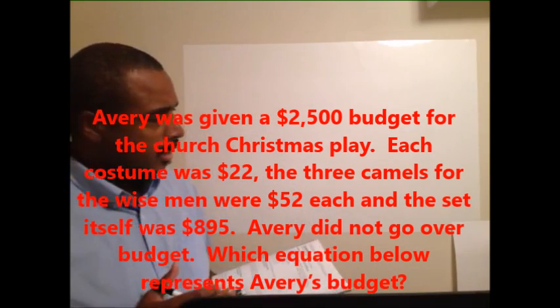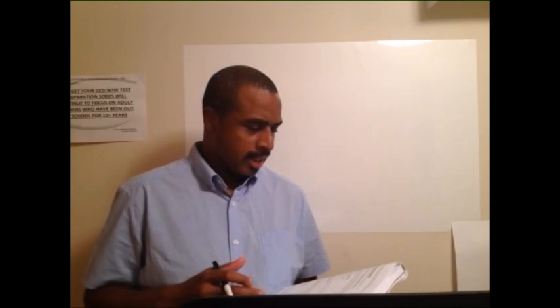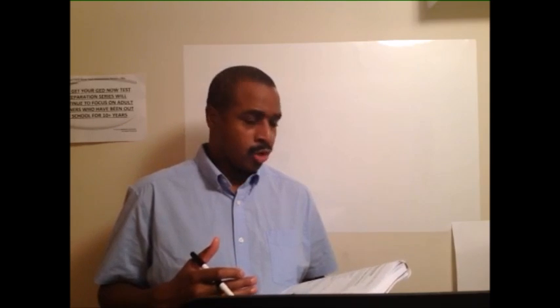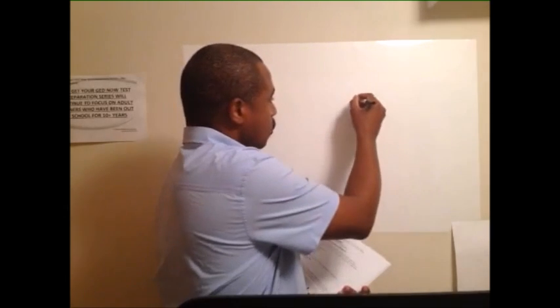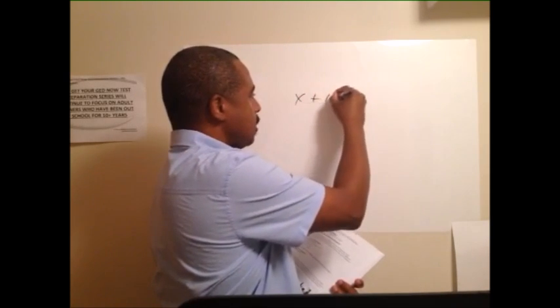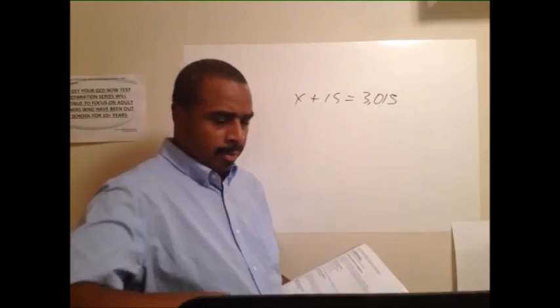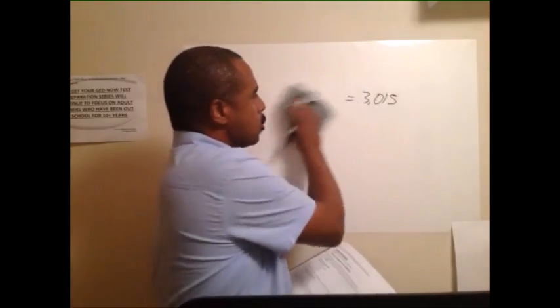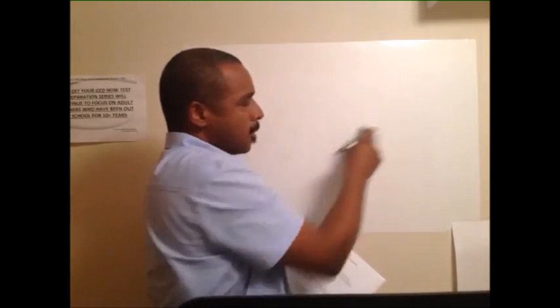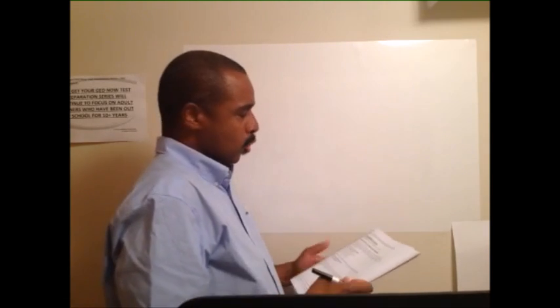So what we're looking at here, as you can see on the screen, is what we call an inequality, because if something equals something, we're used to seeing x plus 15 equals 3,015 and something like that. But when you're looking at an inequality, you're talking about something that's less than or greater than.